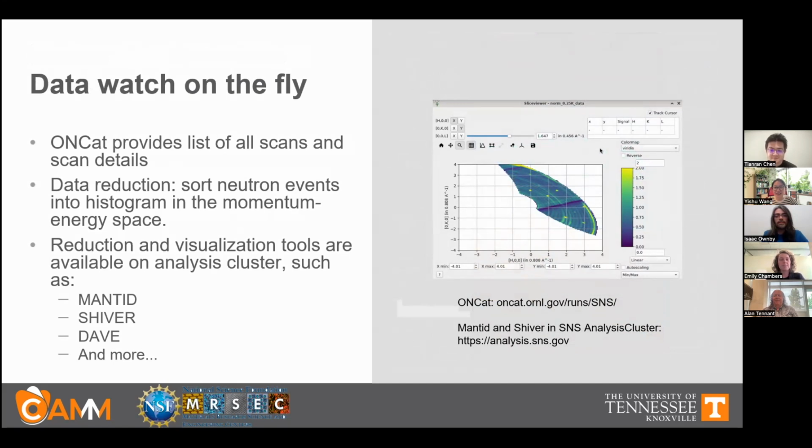But firstly, ONCAT provides a list of all the scans that you're collecting, and then depending on the instrument that you're using, there are different data reduction and visualization tools.